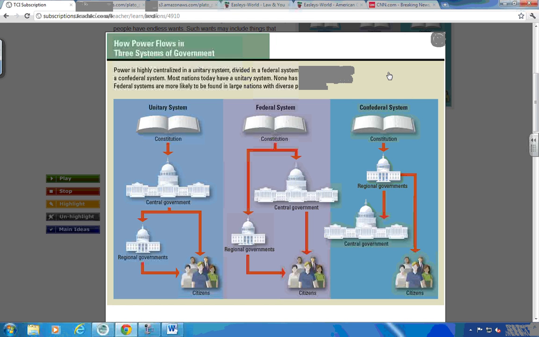In looking at systems of government, there are 3 systems for distributing power. There are 3 ways of allowing power to flow in a government: unitary, federal, and confederal. Give me an example of a unitary system. Japan. Japan is an excellent example of a unitary system. One could also say the United Kingdom, Great Britain.